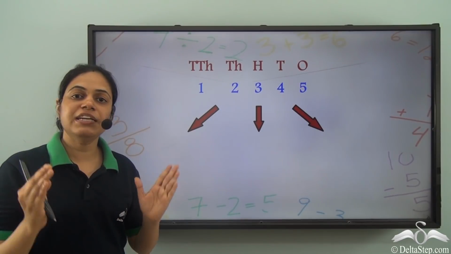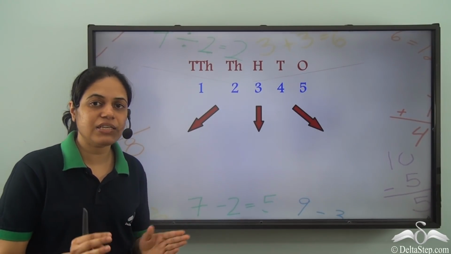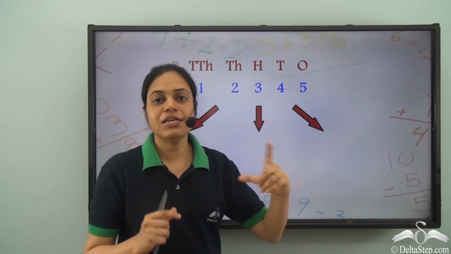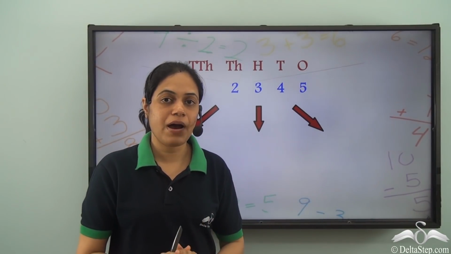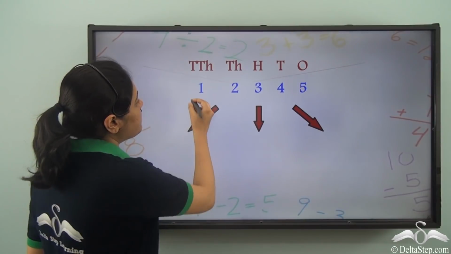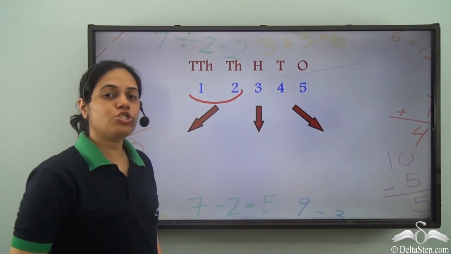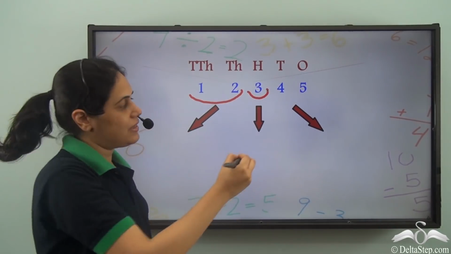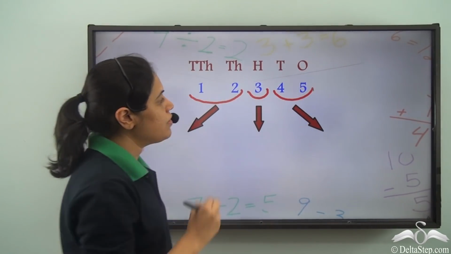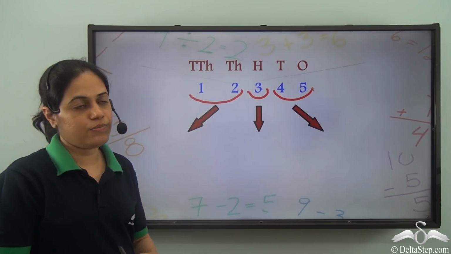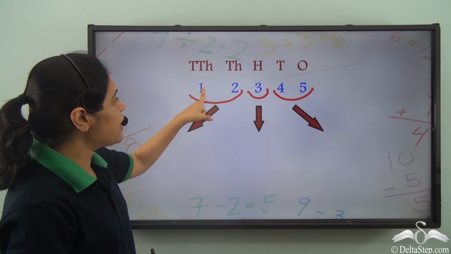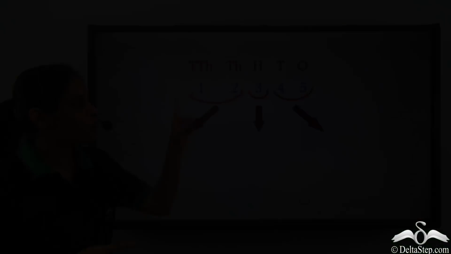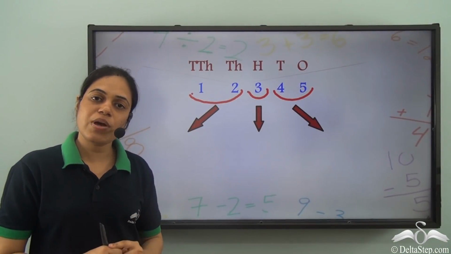Once again, we can divide it or segregate it into 3 parts. That is, the number name is made up of 3 parts. The first part comes from these two. The second part comes from this, and the third part comes from these two taken together. So the first part comes from 1 and 2 taken together. 1 and 2 taken together is 12.